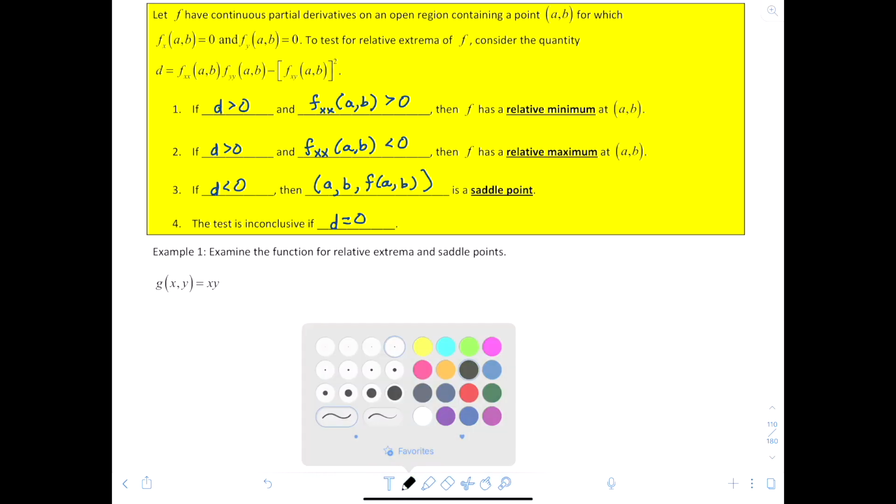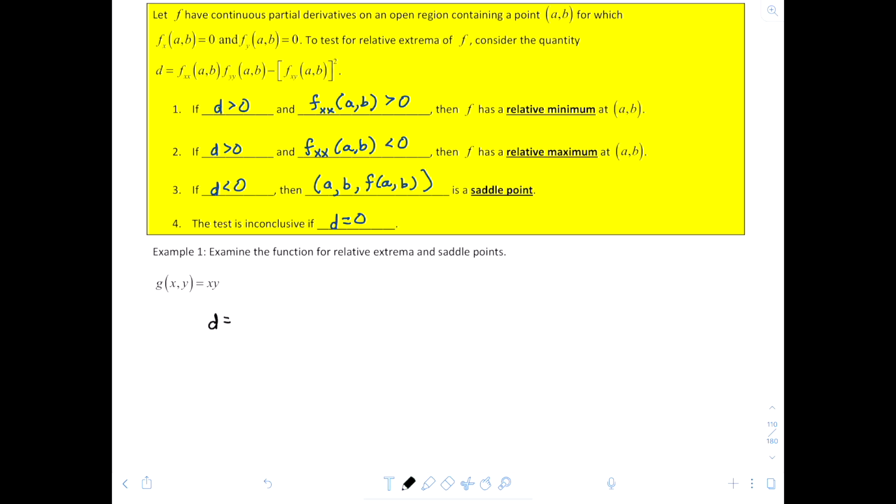Good. d is equal to fxx at (a, b) times fyy at (a, b) minus fxy at (a, b), the quantity squared.